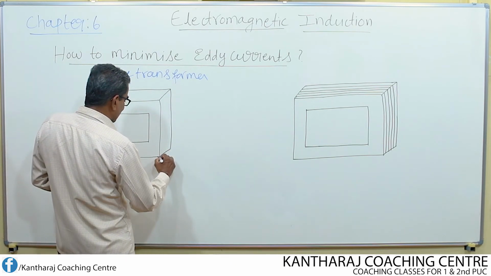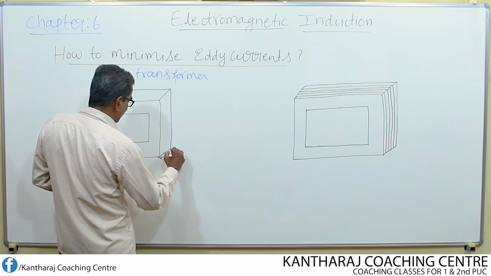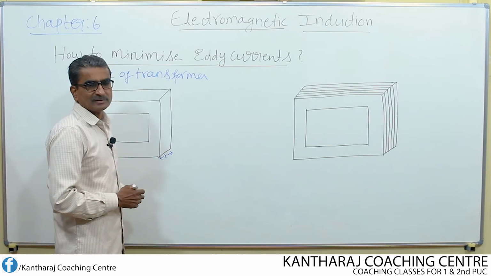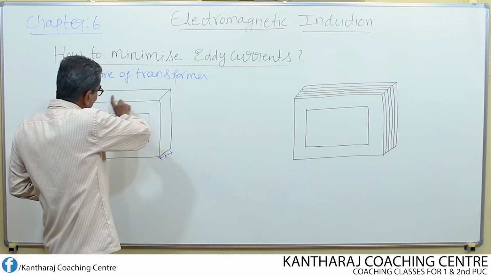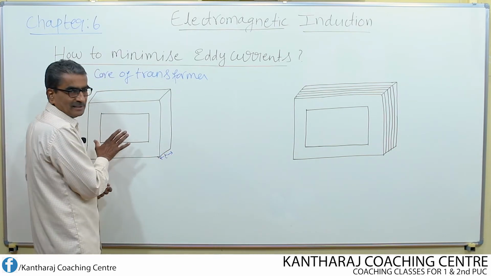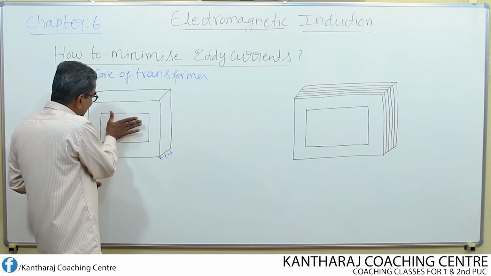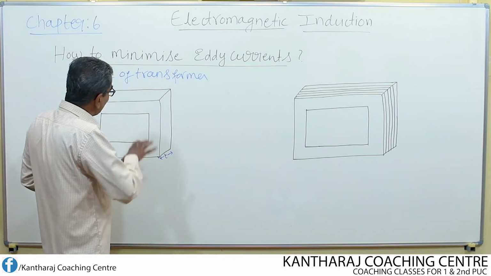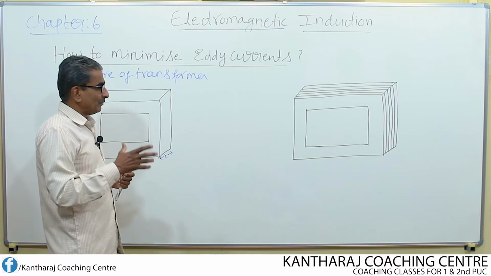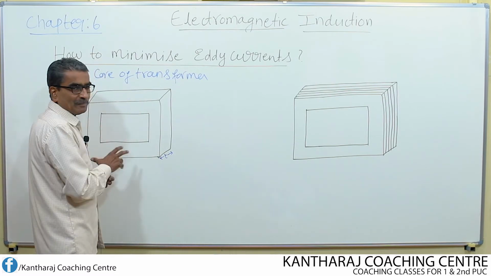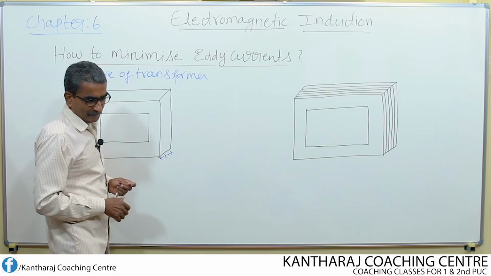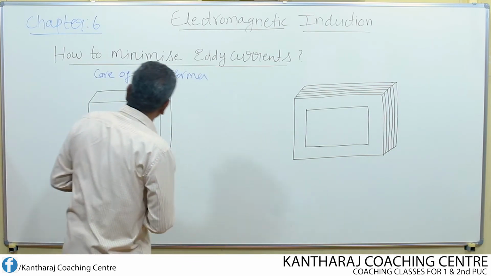So, it has certain thickness, let T be the thickness of the bar, and this is the area of the bar. So, consider one rectangular bar like this having certain thickness T, which has a rectangular cut at the center. Now, if I imagine this as a transformer core, that means I want to prepare a transformer core by making use of one thick metallic bar like this, by winding two coils.